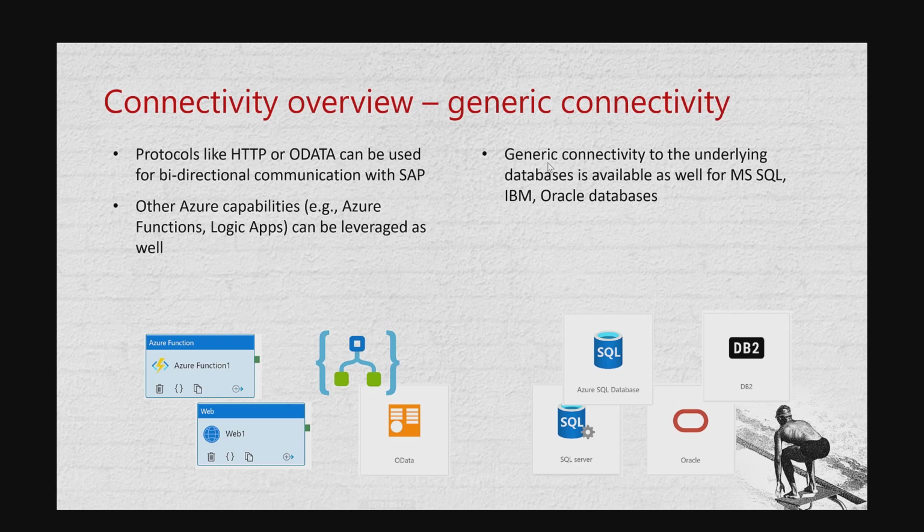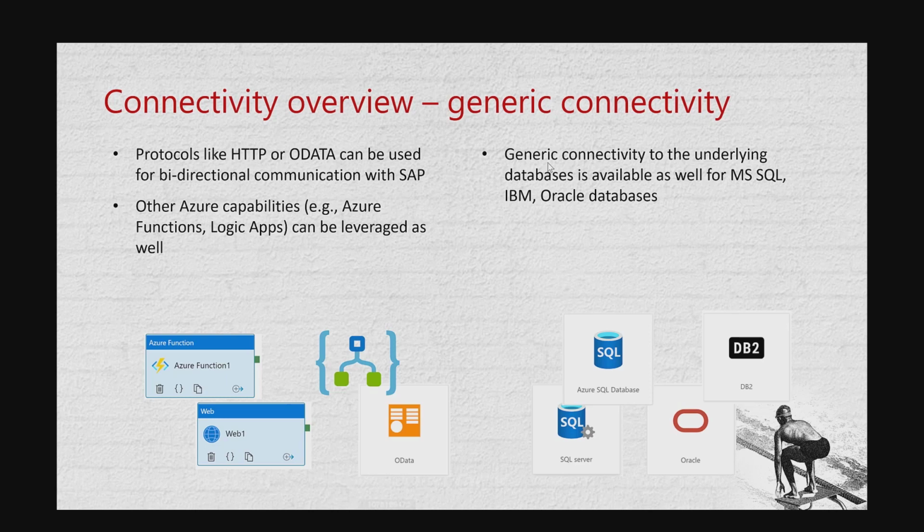So for example, HTTP or OData communication via Azure Functions or Azure Logic Apps, all that can be used in ADF and orchestrated via pipelines, for example, for certain purposes where the dedicated SAP connectors maybe reach their limits. So, for example, when it comes to bidirectional communication, writing back into an SAP system, such functionality is not provided by our connectors, of course, because they're dealing with data extraction.